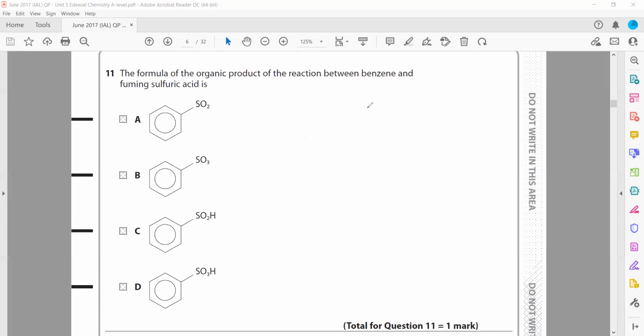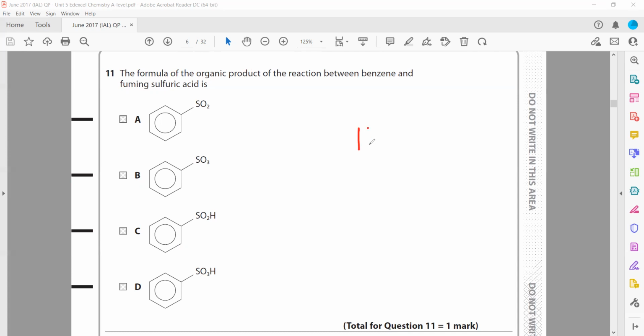Like nitration, the idea is that because the benzene ring is rich in electron density, so many electrons are there in the region, we should produce an electrophile. An electrophile means positive. So what electrophile is produced here?